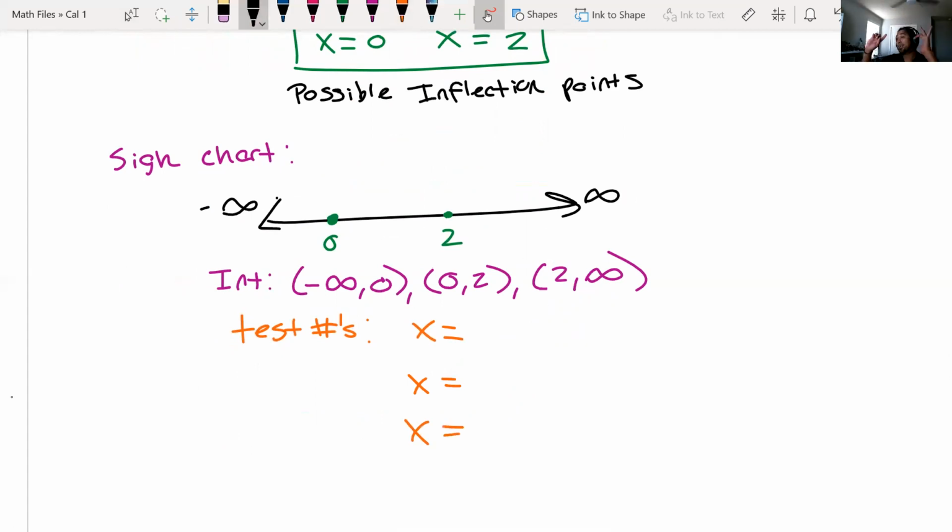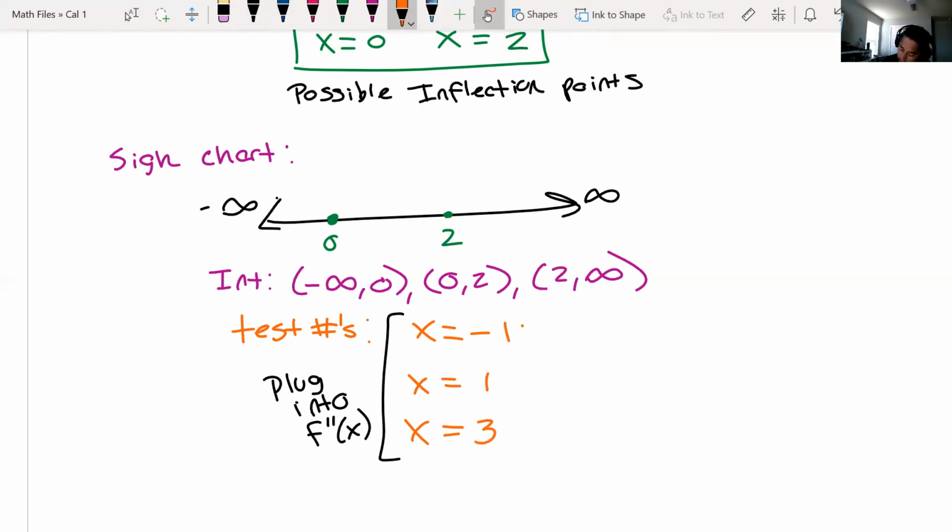Now this is a sign chart for the second derivative, so make sure to plug into the second derivative. Negative 1, 1, and 3.